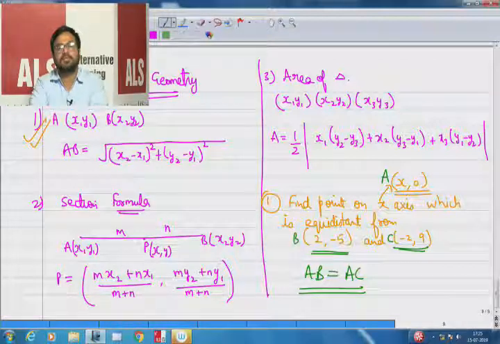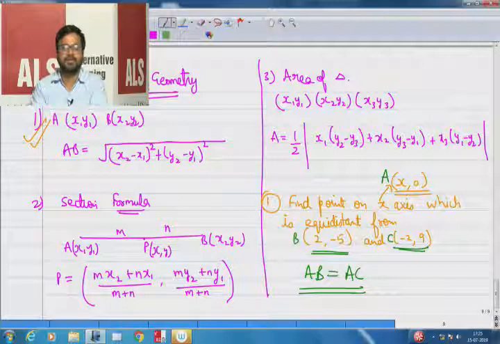Is it 7 comma 0 you are getting or minus 7?